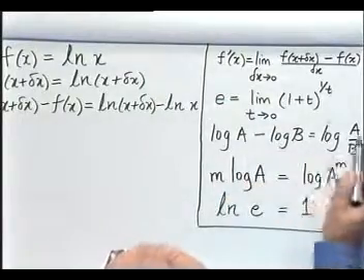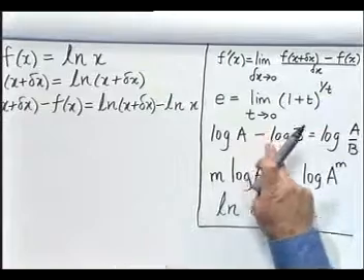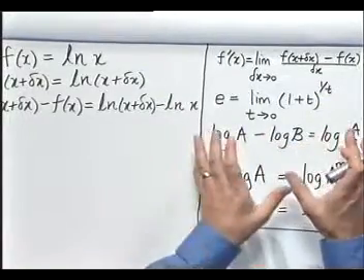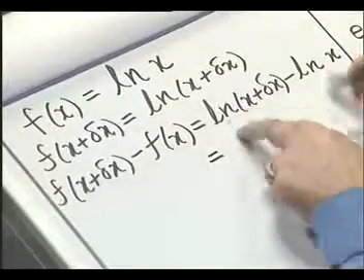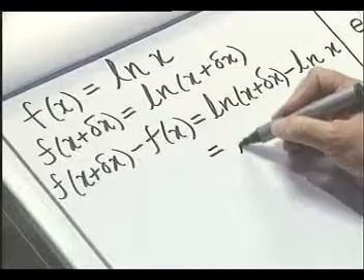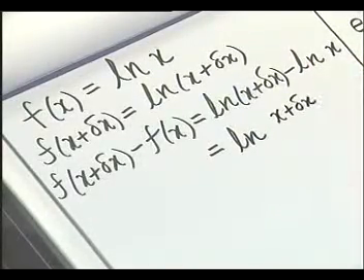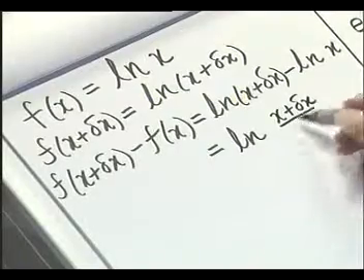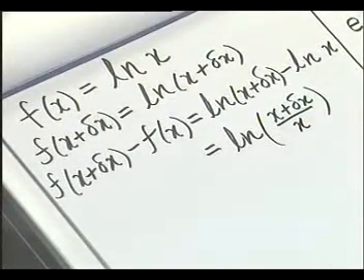And this is where I'm going to use this law of logarithms here, which says that if you've got the log of a quantity minus the log of another quantity, that's the same as the log of the first term divided by the second term. So in other words, we can simplify these two logarithms to a single logarithm, the ln of x plus delta x, that's the first one, divided by the second one, which is just x.